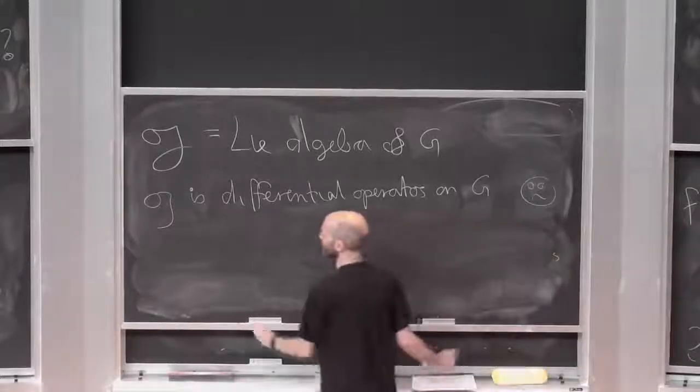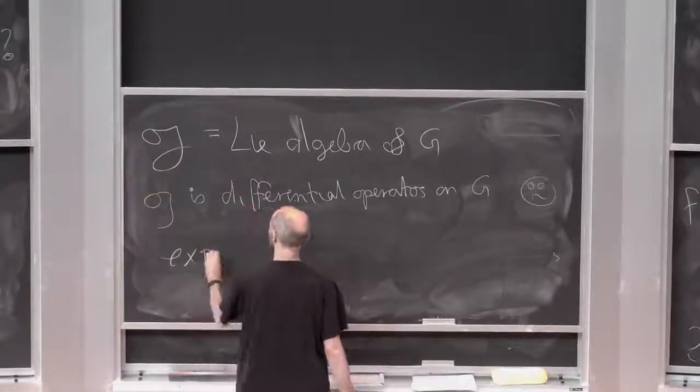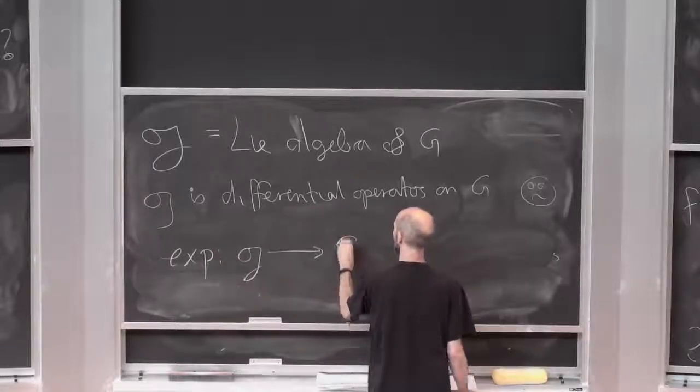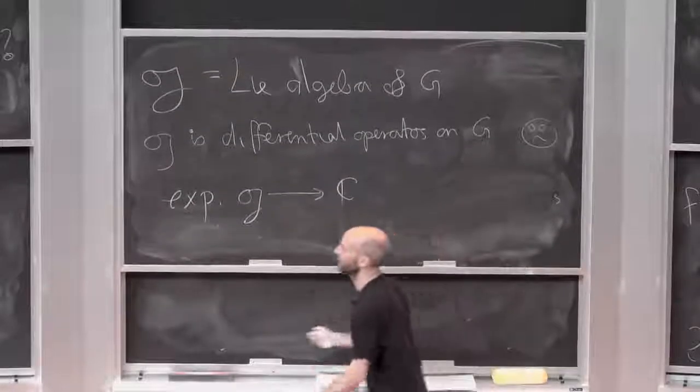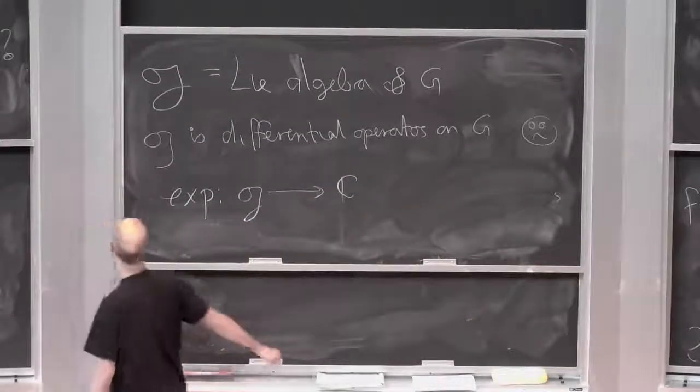There's some exponential map, and it goes from the Lie algebra to G. Let's do GLN of R, because it's the only case we really care about.